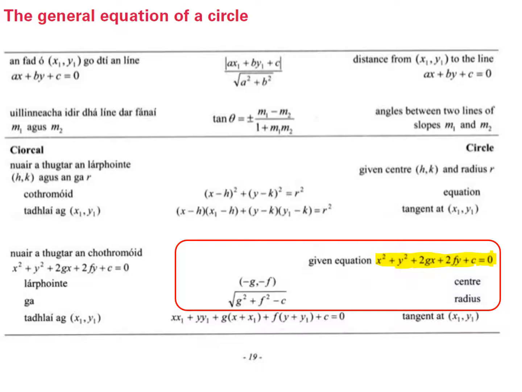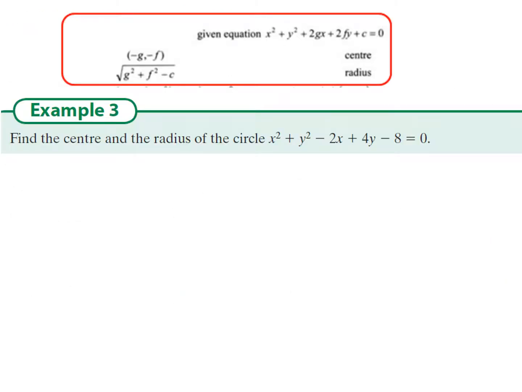So let's take a look at an example. Just to help, I've left that piece of the log tables up at the very top, and it says find the center and the radius of this circle. So the first thing I'm going to do is, underneath the equation that it gave me, write the formula from my log table. So x squared plus y squared plus 2gx plus 2fy plus c equals 0.